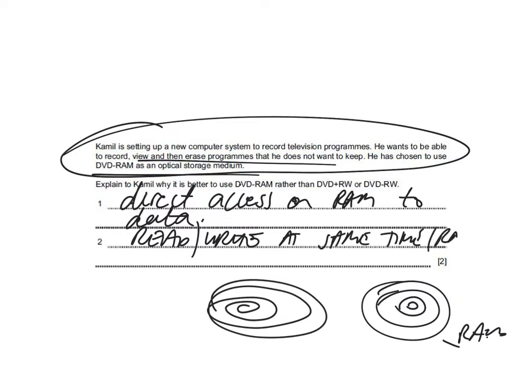And that's obviously on RAM as well, which means you can record a program whilst you're watching another, and many of them actually allow you to do that multiple channels at the same time.